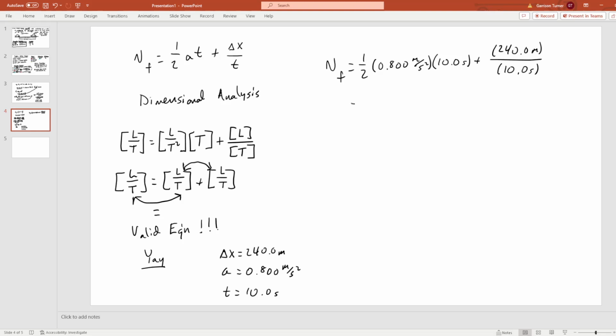Okay. So 10 divided by 2 is 5. And 5 times 0.8 is 4. So this is going to be 4 meters per second plus 24, since 240 divided by 10 is 24.